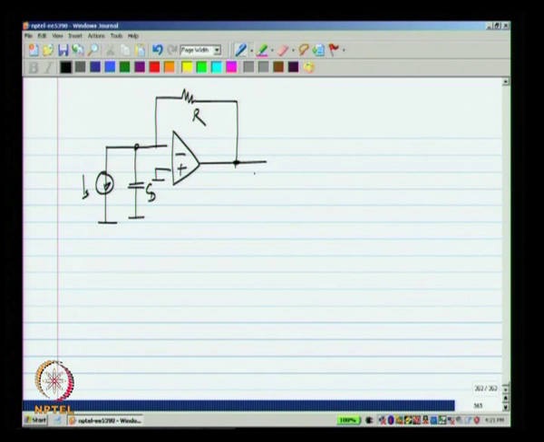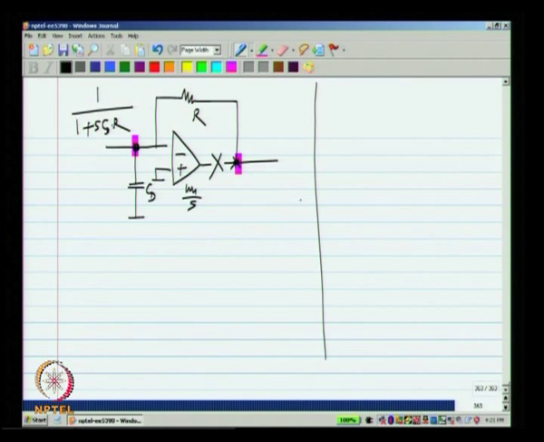Now, for loop gain calculations, I do not need the source and I can break the loop here. I will assume that this is an integrator of the form omega_u by s, and the transfer function from this point to that point is 1 over 1 plus s C_D times R. Okay.